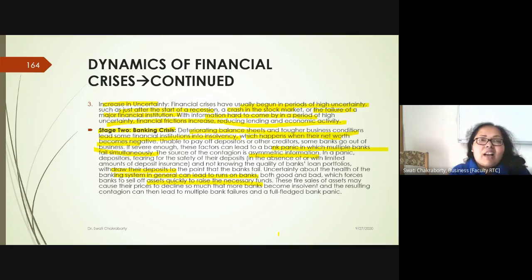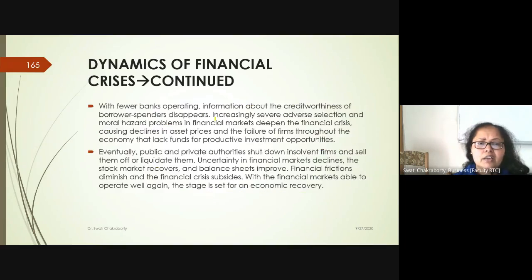They have to pay back the money, right? So they sell off their assets. These fire sales of assets may cause prices to decline because they're selling and they are in desperate need, so prices can go down so much that some banks become insolvent, and this can lead to multiple bank failures and a full-fledged bank panic, right?